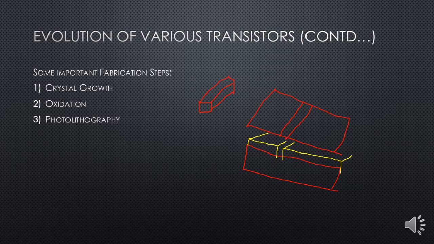These are some of the important steps during the fabrication. It may not give you a complete idea of how the fabrication will happen, but it is a glance of what may happen inside my fabrication process. Let's move on to the next topic.